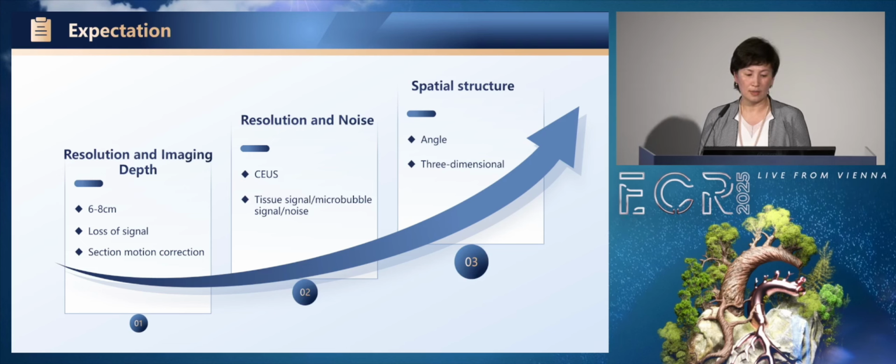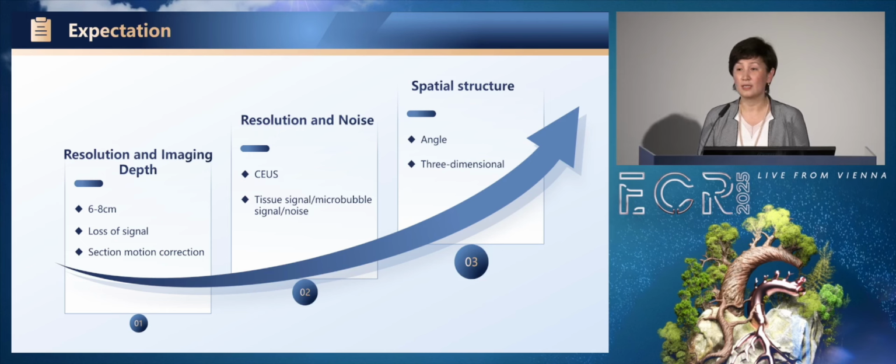And the third aspect is about spatial structure, because a single section cannot cover the whole lesion. We want to know if there is a three-dimensional architecture of the vessels, a whole architecture of the vessels, to show where the most important lesion is that we should diagnose.